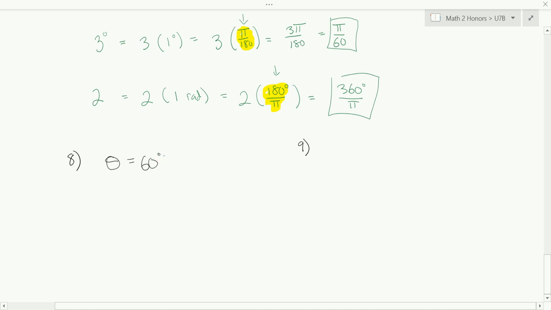And 9, theta is going to be 5 pi over 6. Convert that to degrees. So on 8, you convert to radians. On 9, you convert to degrees.